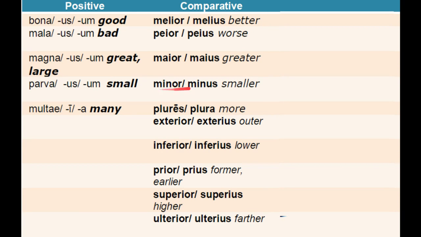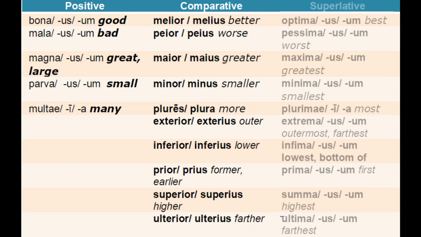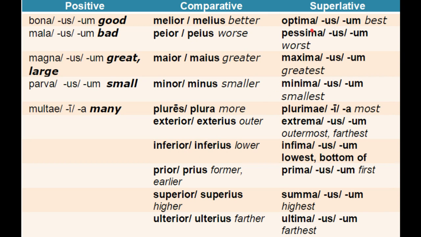There are some irregulars, minor, smaller, plures, more, but you generally see the same endings. And then finally, the superlative, you are dealing with, as we've seen before, optima, sort of a little irregular, pessima, plurima. These are somewhat irregular, but you get used to them through usage.